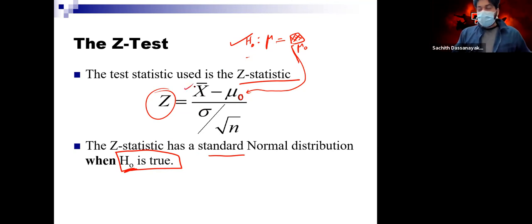We can calculate this X bar, we know this one from our null hypothesis, and we know sigma because this is the known case. So you can calculate Z. This gives you a value, not a probability. This is a value.